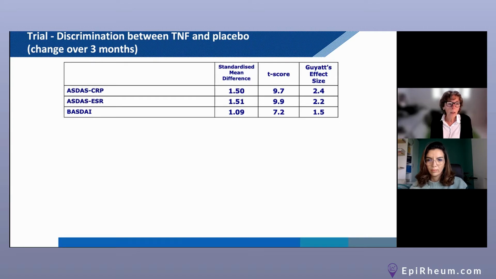You can calculate the standardized mean difference, the higher the better, a t-score again, and also the Hedges effect size, which is an effect size calculated based on the improvement in the active group minus the placebo group divided by the standard deviation. And the effect size above 1 is already good, so 2.4 for the ASDAS CRP is really a very high effect size.